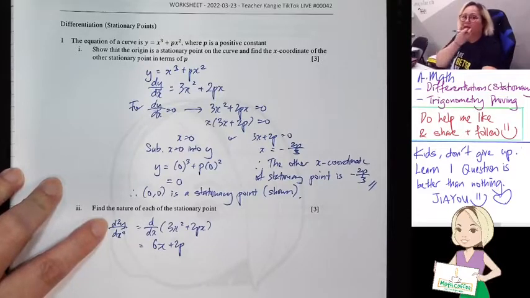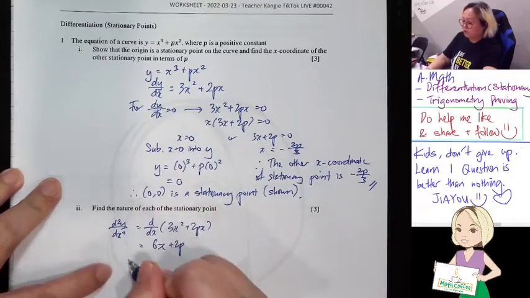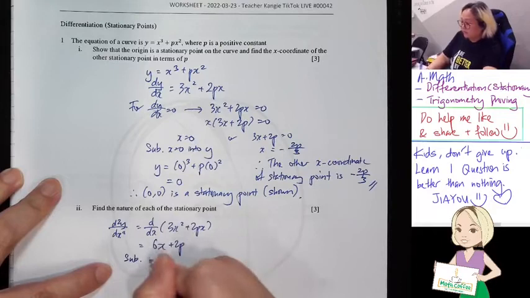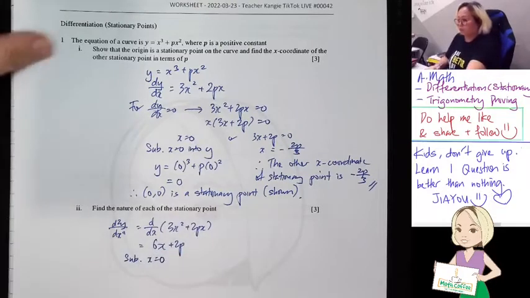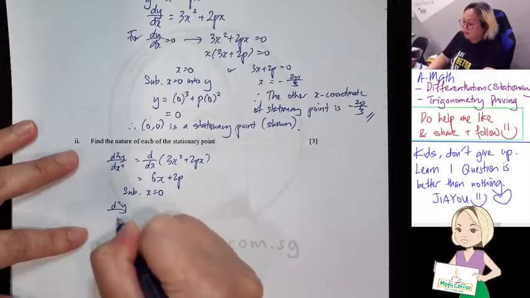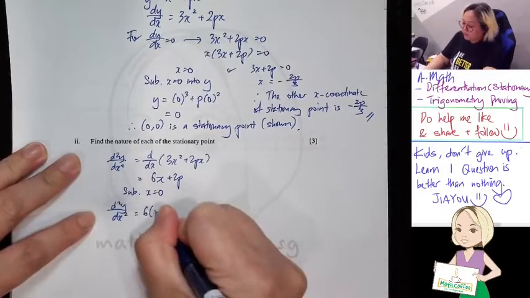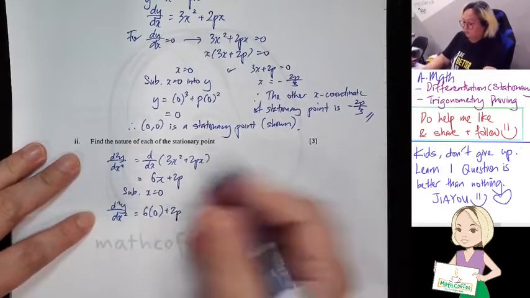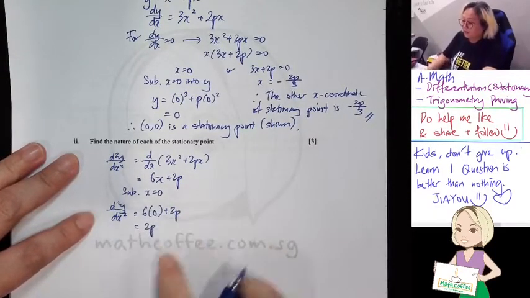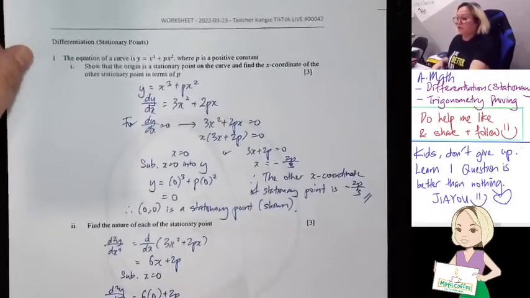Okay, but I need to find out what the value is, right? So we need to sub x equals to 0 into here. So I know my d squared y over dx squared will be equals to 6x plus 2p, so I get 2p. Then you wonder, is 2p more than 0 or less than 0? Go back to the question and find the hint.